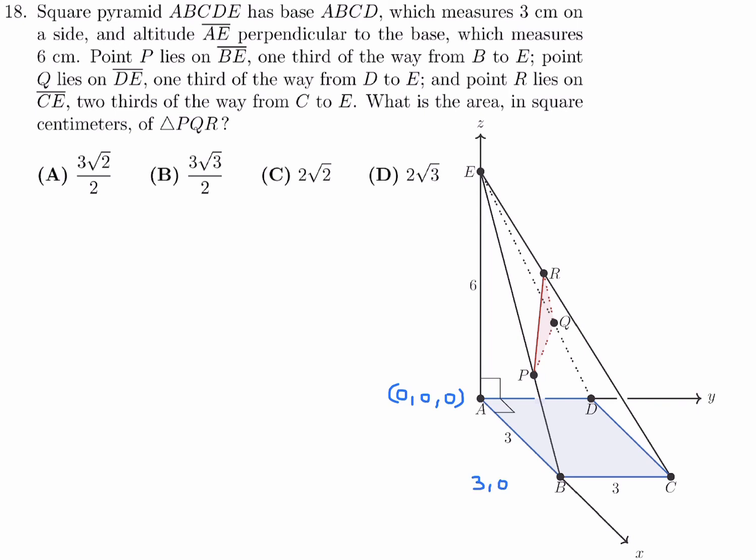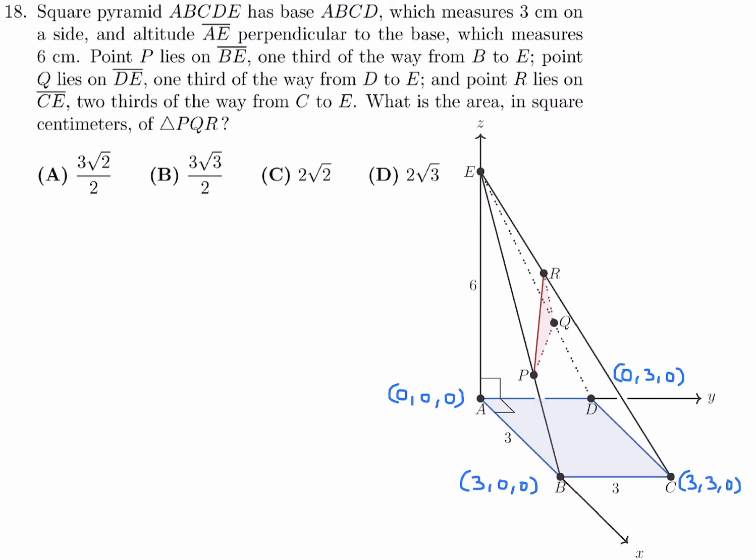So that's 3, 0, 0. And C, it looks like that's going to be 3, 3, 0. And D, which is right here, that's going to be just on the y-axis, so 0, 3, 0, since the side of the square is 3.